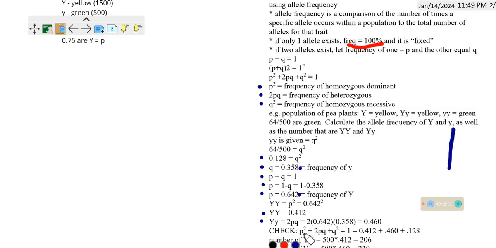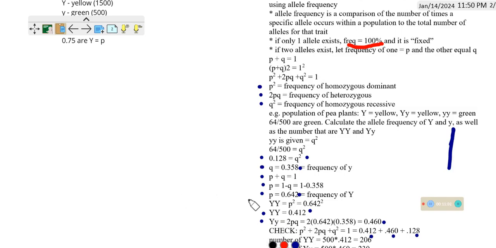I can check this and say, well, I know that P squared plus 2PQ plus Q squared is equal to 1. And if I add up my Q squared, which I had right here, that's my 0.128, plus my 2PQ, that was my 0.460 right here, and my P squared, that's this one right here. Add those up, they do equal 1.